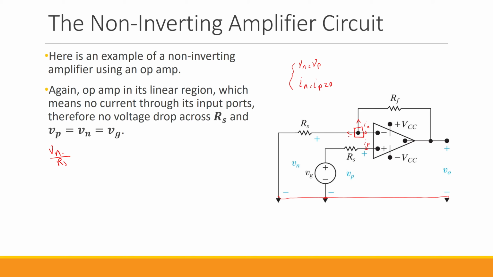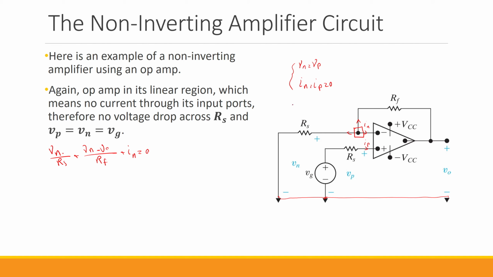This is this current. We have Vn minus Vo over Rf. And then the last one is In, that we don't have any equations for, so I just simply put it as In.